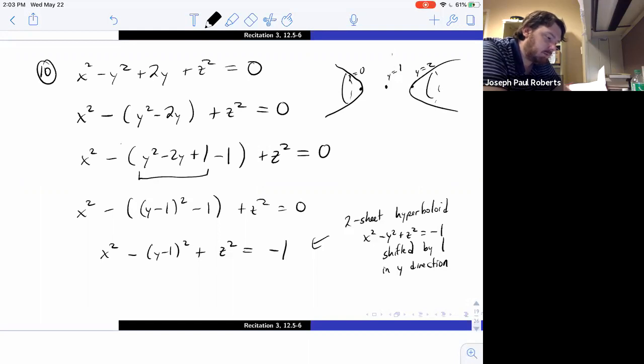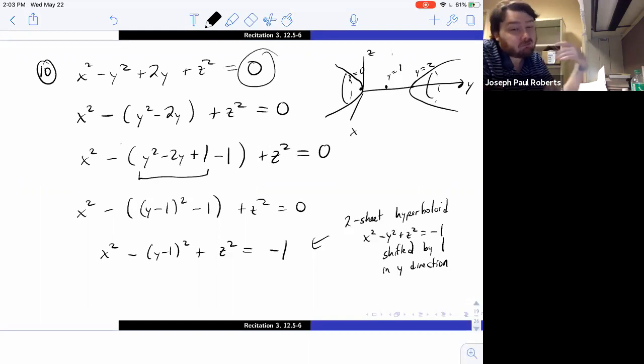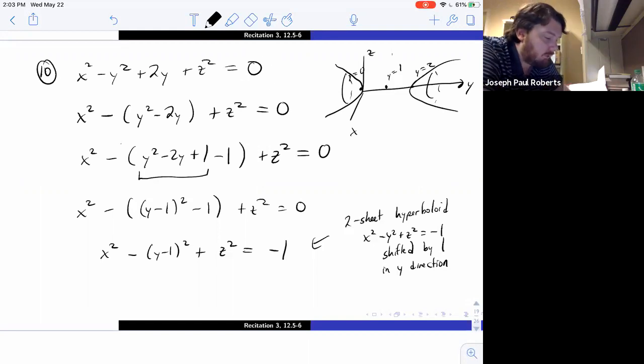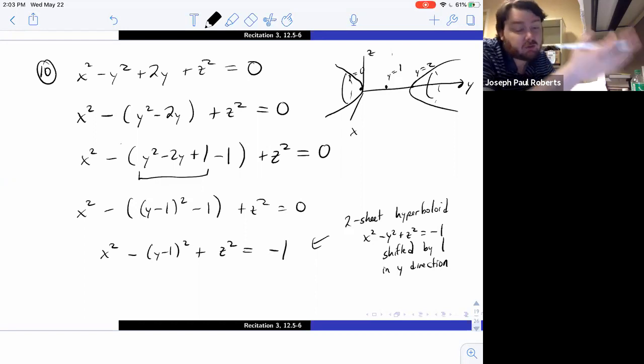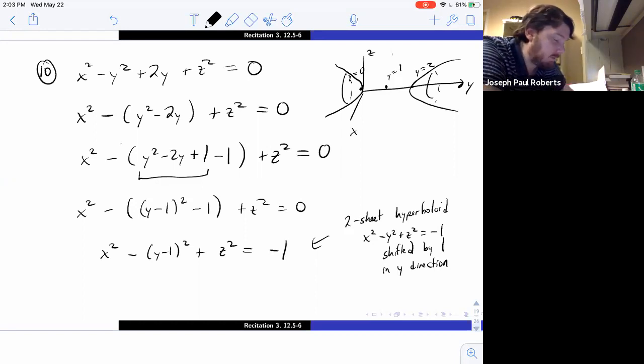So I guess that means that our origin is there. But just because you see a 0 doesn't mean it's a cone. Like I said, I think we will make you complete the squares for sphere situations, but you could do it for all these other quadric surfaces.